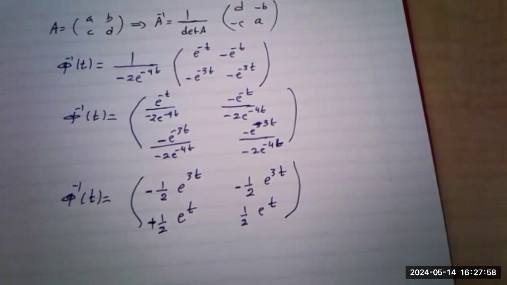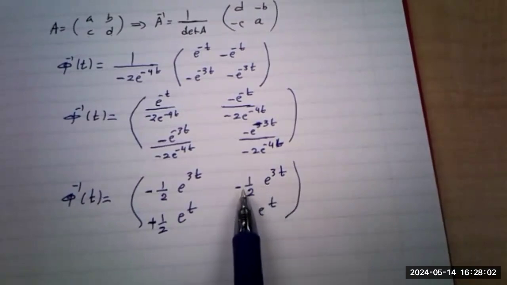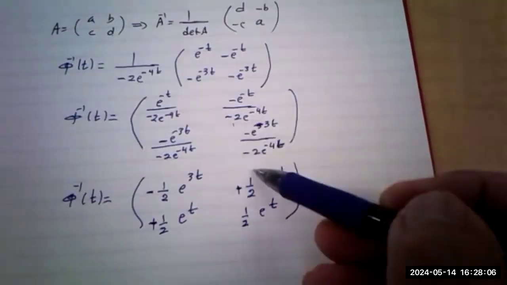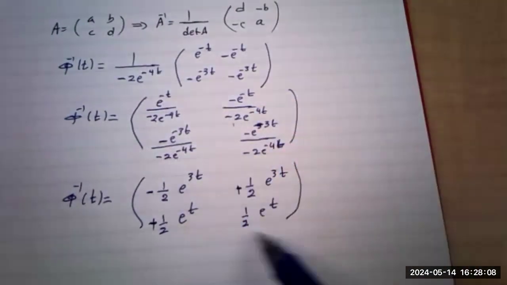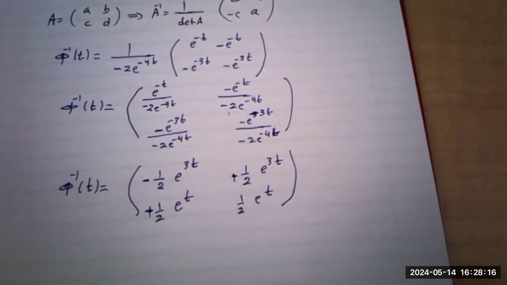The top right, the 1/2 e to the 3t should be positive too. This one, yes, you are right. Thank you. Okay, positive, negative, positive. You have only one -3, other not. So that's going to be phi inverse of t. Any question? Now you have to multiply by f of t and then integrate it.